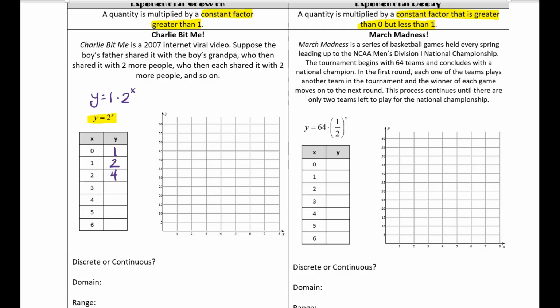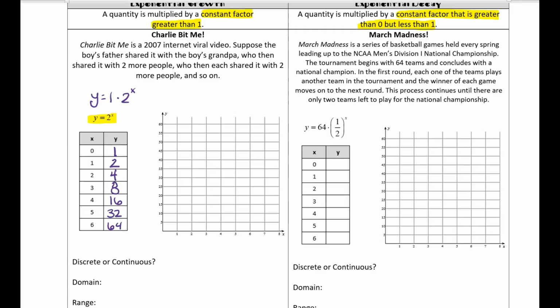And if we plug this in, 2 to the first power would be 2, 2 to the second power would be 4. So the third stage, 2 to the third power would be 8, 2 to the fourth power would be 16, and we just keep doing this pattern, 32, and 64.